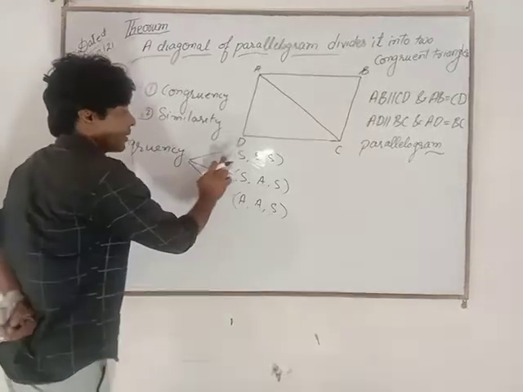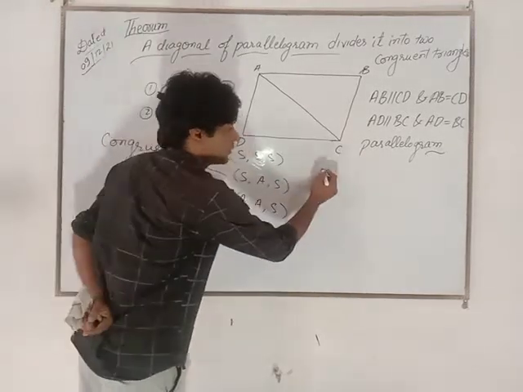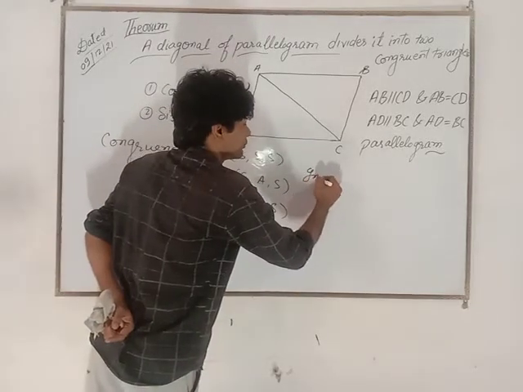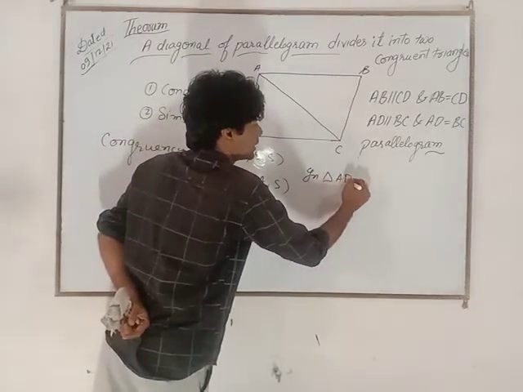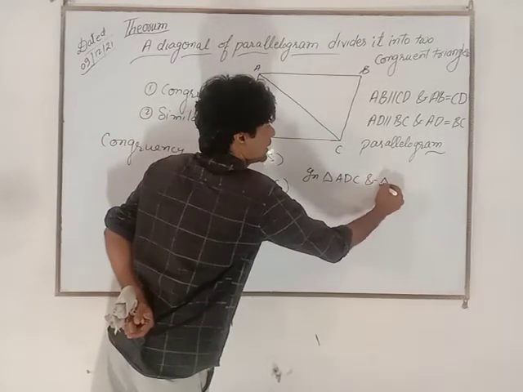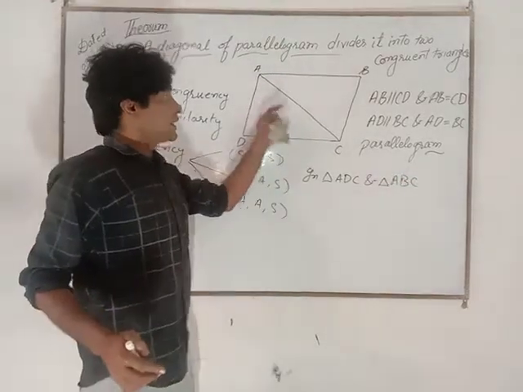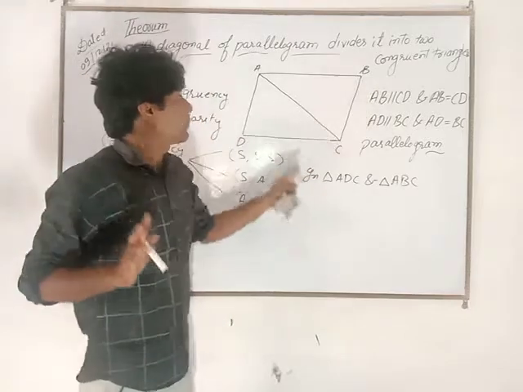Come on, first of all triple S, you will take triangle ADC and triangle ABC. ADC, A वाला triangle and this triangle, you will take both triangles.